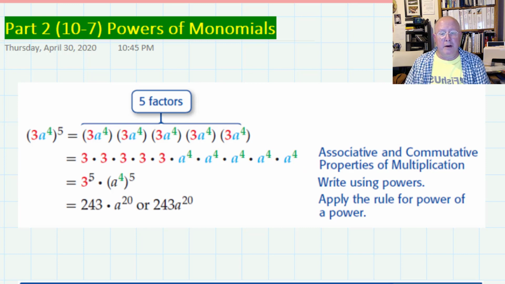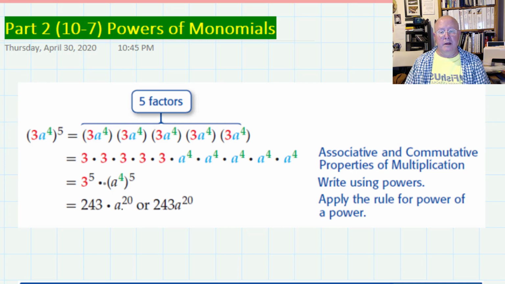Well, 3 to the 5th power, whip out your calculator, 243, times a to the 4 times 5, the 20th. So combining these together, 243 a to the 20th.